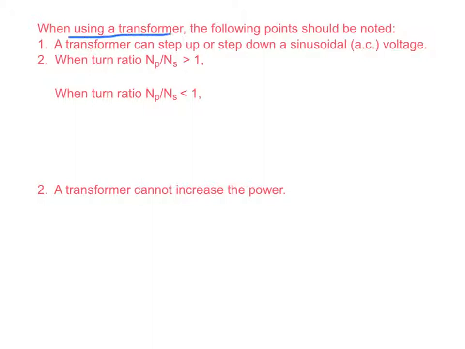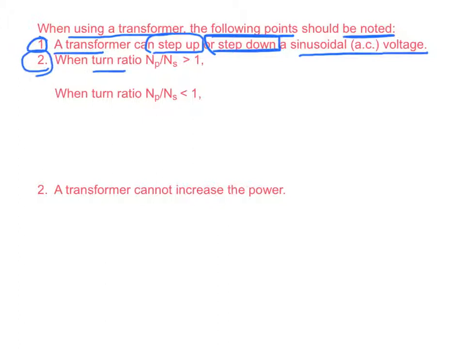When using a transformer, the following points should be noted. First, a transformer can step up or step down sinusoidal voltage. Second, when the turn ratio Np over Ns is larger than 1, this is a step-down transformer, which means that Vs will be smaller than Vp.